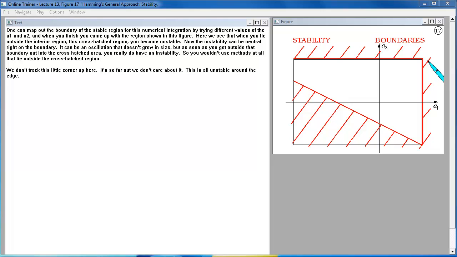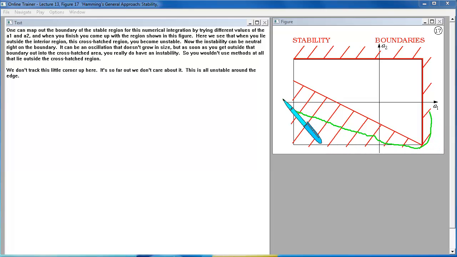Now the instability can be neutral right on the boundary. It can be an oscillation that doesn't grow in size, but as soon as you get outside that boundary, out into the crosshatched area, you really do have an instability. And so you wouldn't use methods at all that lie outside in the crosshatched region.